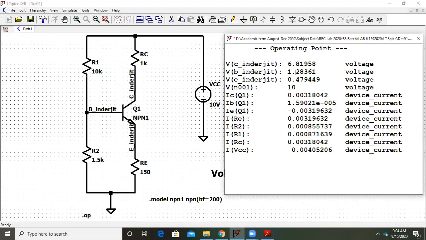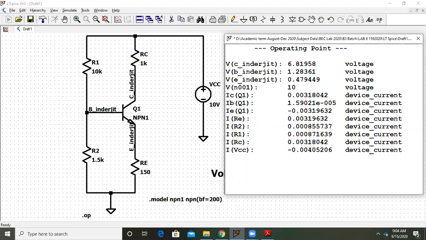So VBE will be around 1.28 minus 0.47, so that will be close to around 0.7. Correct. VC will be 6.81 minus 0.47, so it will be close to around 6.3 something.